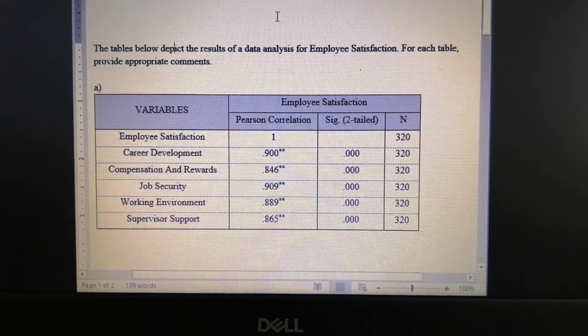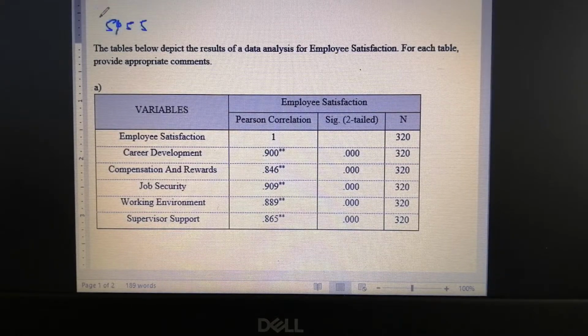Okay, guys, this is SPSS output data, guys.